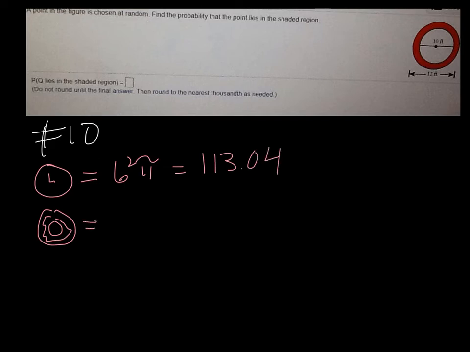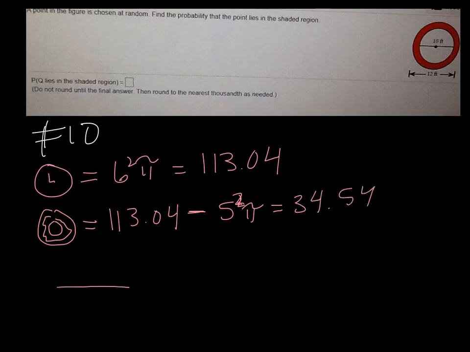And then my shaded region would be my large circle. I'm using 3.14, just to let you know. And subtract my smaller circle, because it does look like the smaller circle is cut out. My smaller circle, my radius is 5 squared pi. So my shaded region is 34.54.